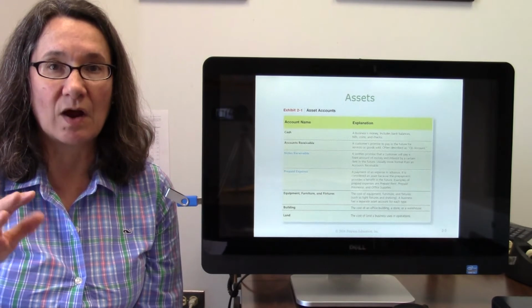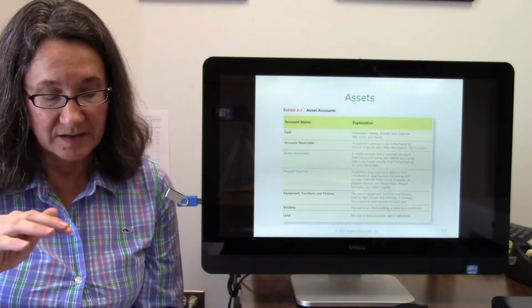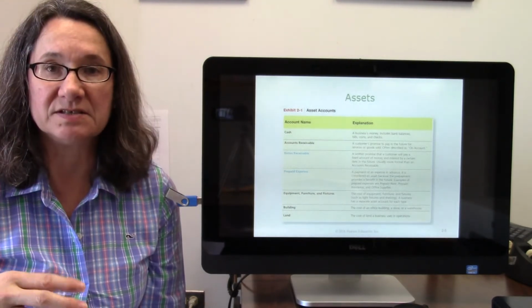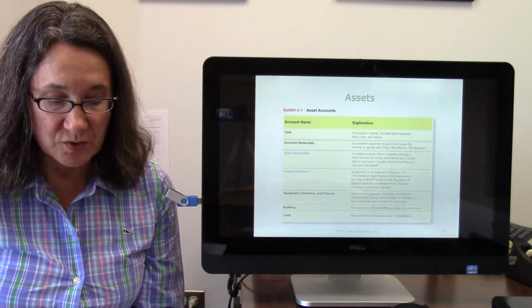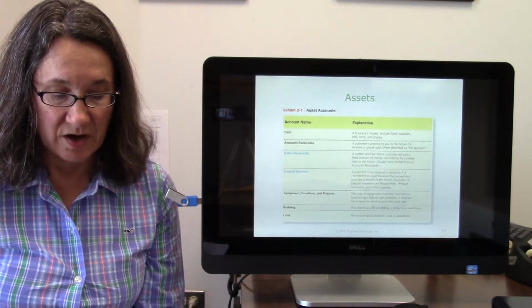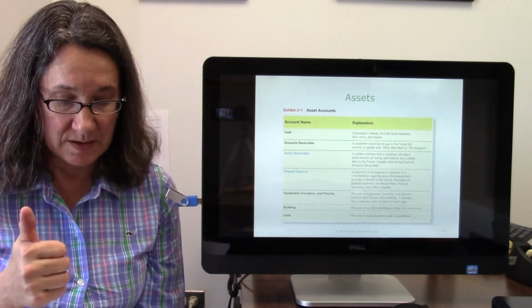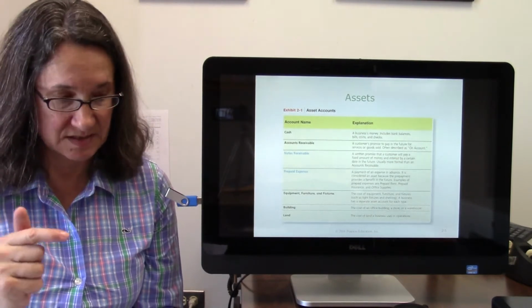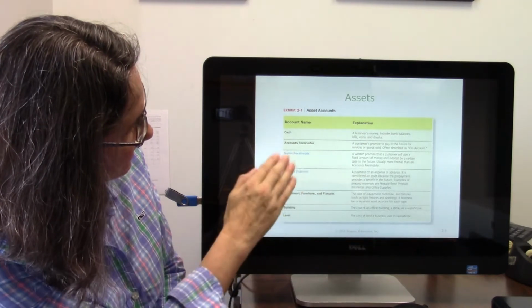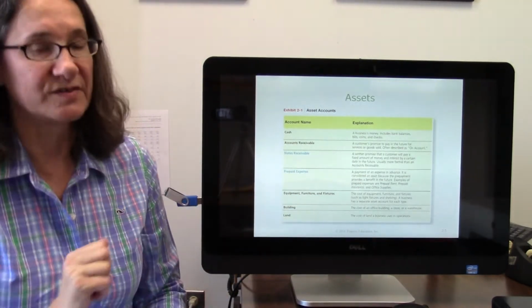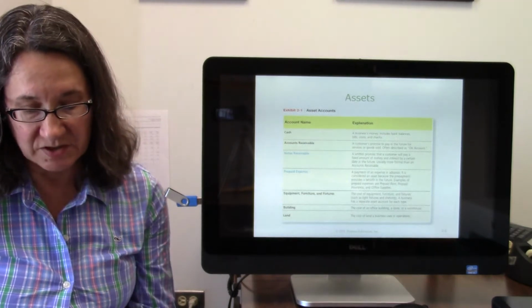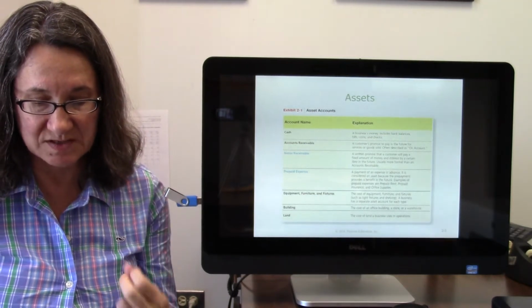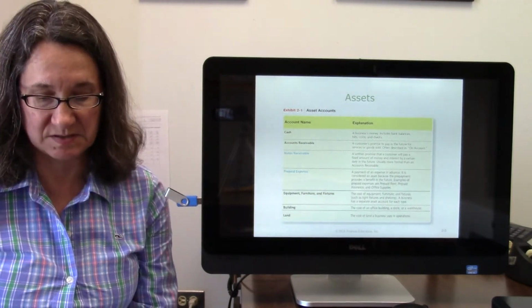So when you think about what they do for a living, these companies have operations they're running and they use all this equipment. Two new assets introduced are notes receivable and prepaid expenses. All right, so if you look on this chart here, you'll see something we haven't heard. Of course, we've all heard of cash, right? Well, we're going to start talking about two new assets: notes receivable and prepaid expenses.